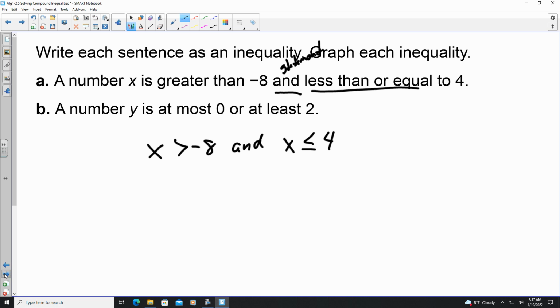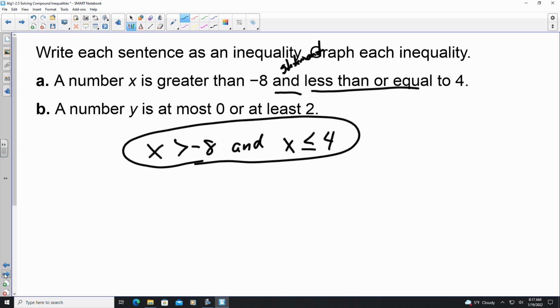Now, if you left it like this, nothing wrong with that. This particular answer is called an expanded form. So the answer is expanded, right? It's a compound inequality written in expanded form. Another way of writing an and statement, which is more commonly written, is the condensed form of this particular situation.